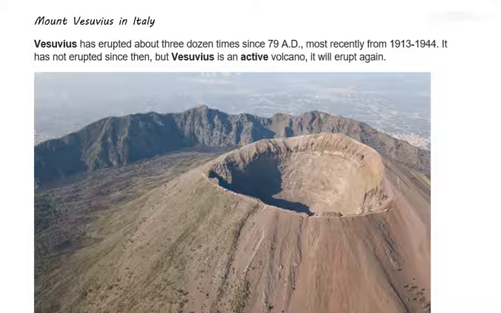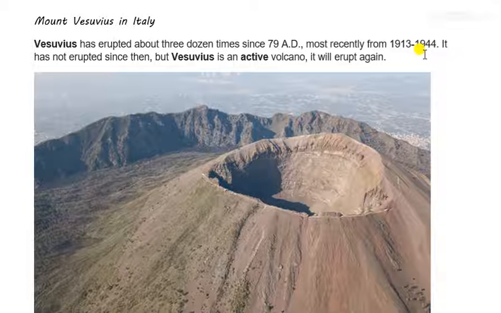Now let us look at some examples of volcanic mountains. So this is Mount Vesuvius, and Mount Vesuvius has erupted 3 dozen times since 79 AD. So basically Mount Vesuvius has erupted almost 36 times since 79 AD, and the last eruption of Mount Vesuvius took place in 1944.